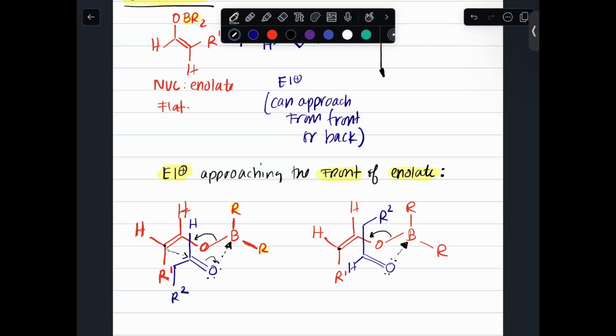And the alpha carbon should be the carbon that attacks my carbonyl to give electrons to my oxygen. And so you can start seeing the six-membered ring and the Zimmerman-Traxler transition state.